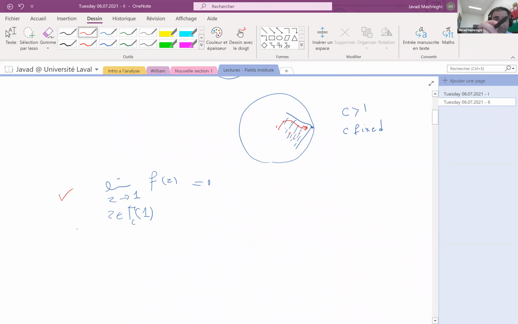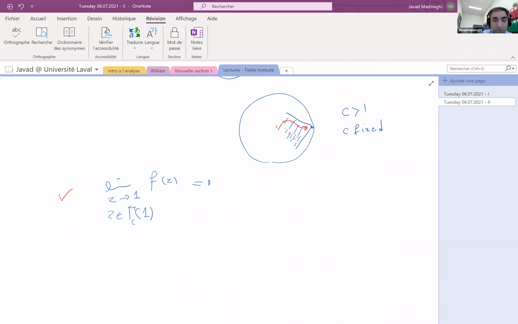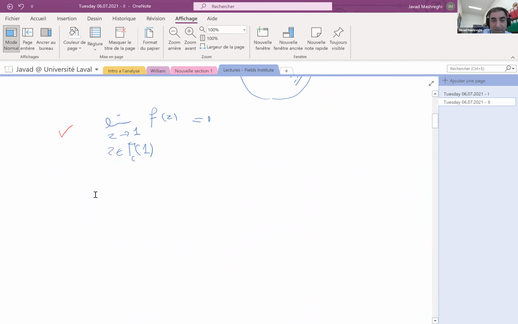And the third one: show that the limit when z goes to 1 of f of z does not exist.